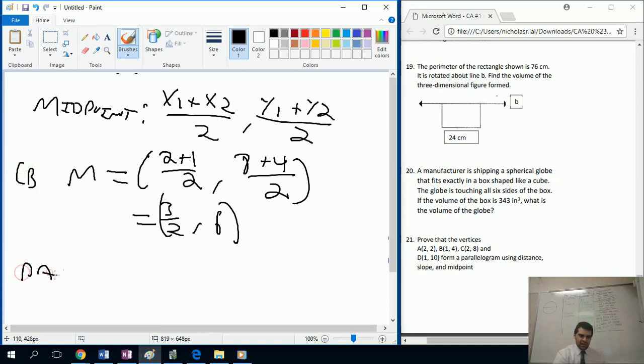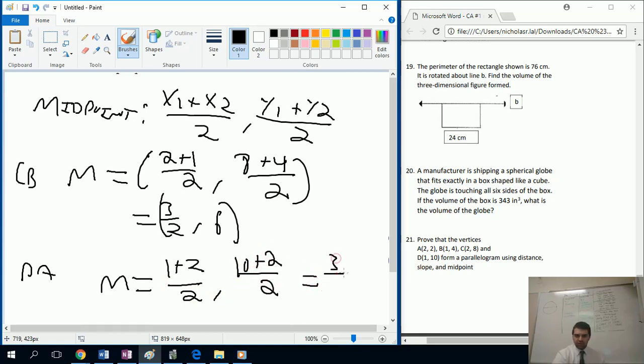For DA, our midpoint is going to be 1 plus 2 over 2 and 10 plus 2 over 2, which is also equal to 3/2, 6.